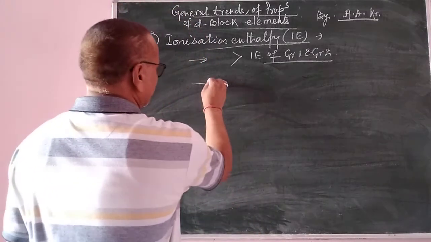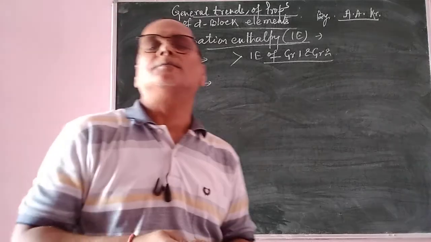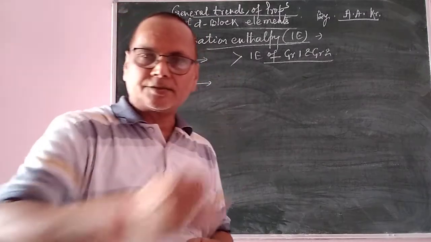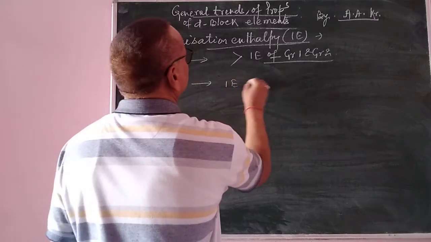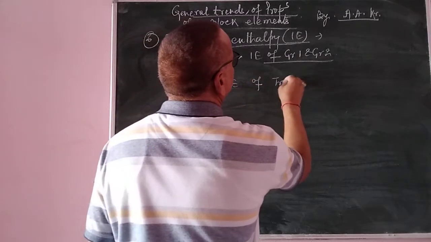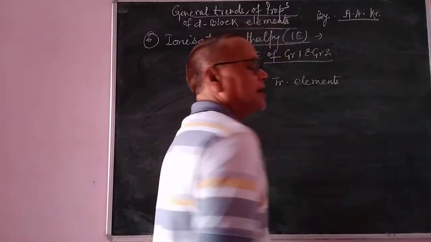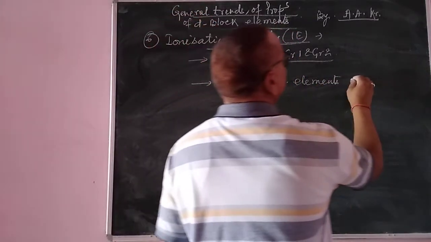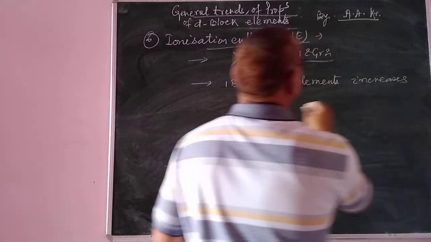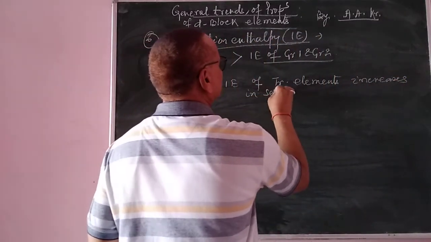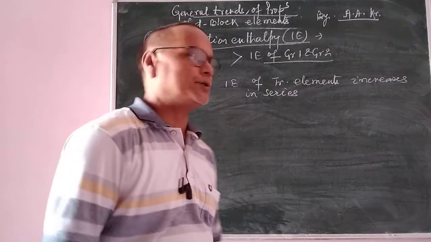Now the ionization enthalpy depends upon the atomic size. Atomic size decreases, so the ionization enthalpy of transition elements increases in a series as their atomic size decreases.